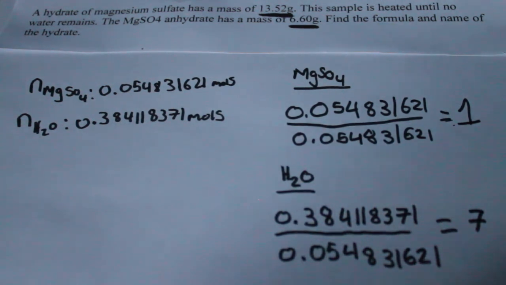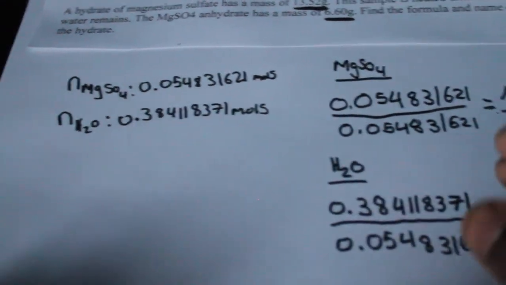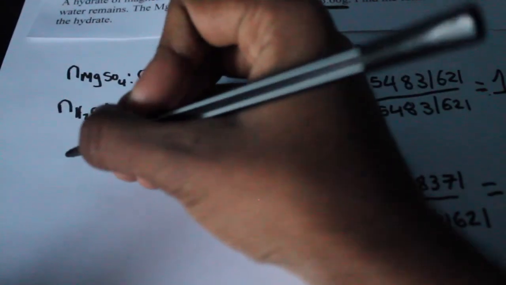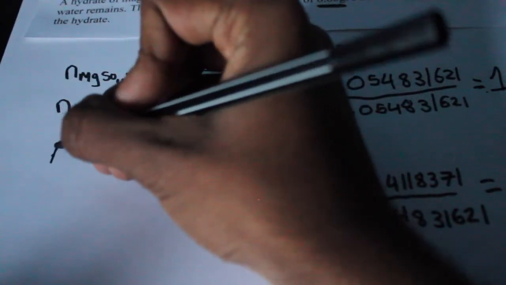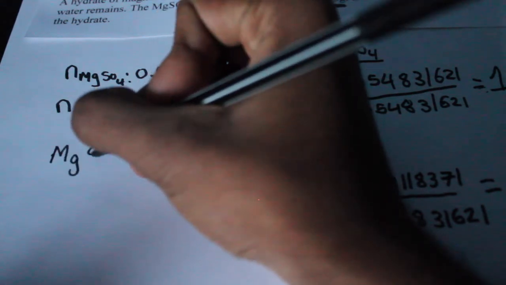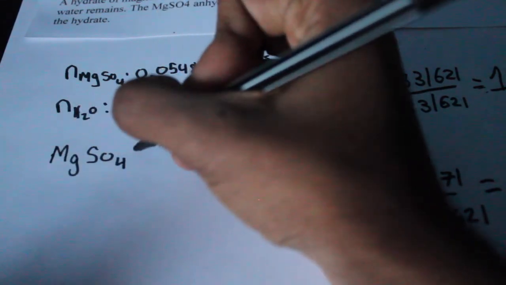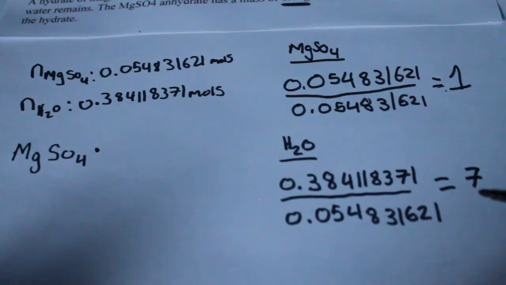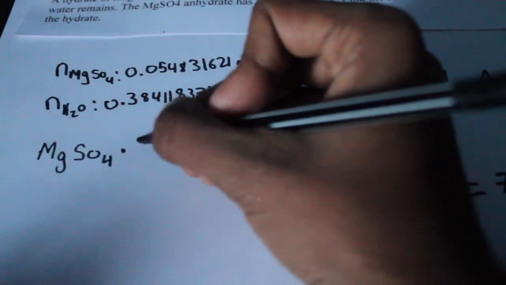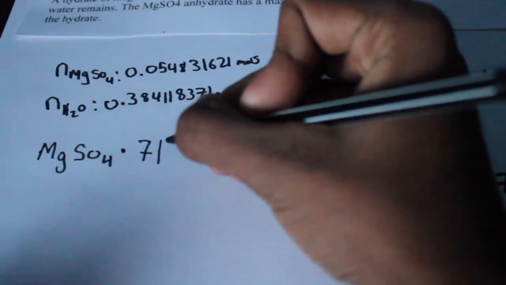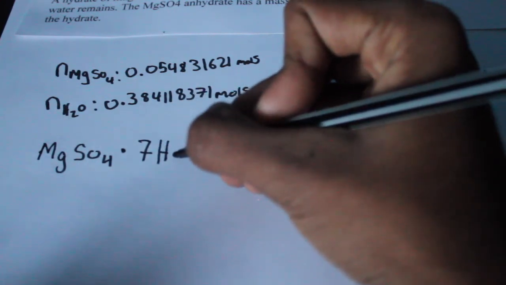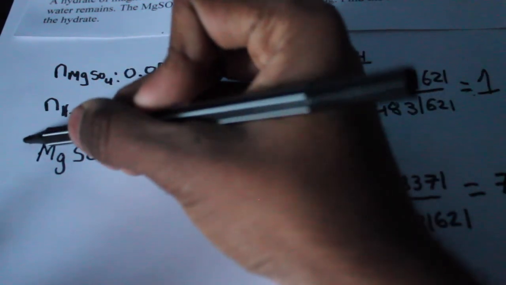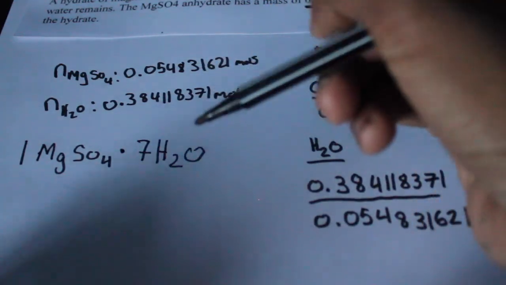Therefore, the molecular formula is magnesium sulfate times 7 H2O. There is a 1:7 ratio. And now we can write the name.